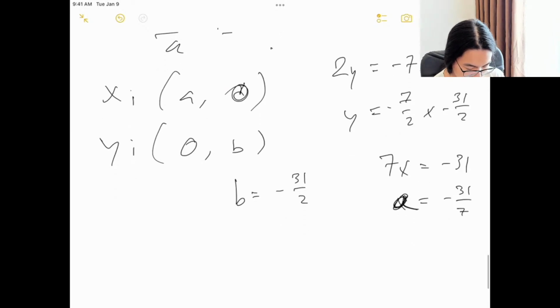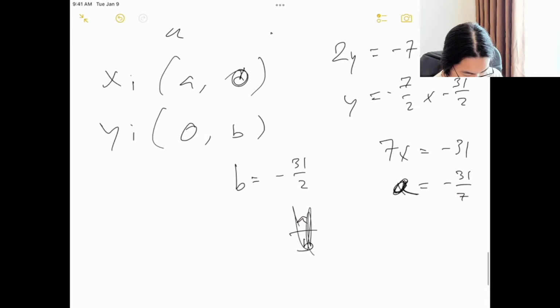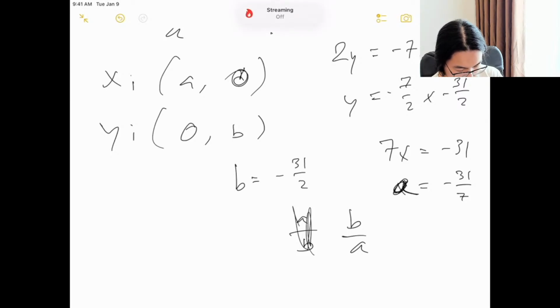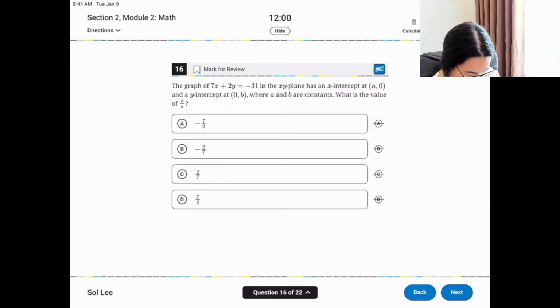So now we're looking for b over a. They both have the same numerator, and b is the one with the 2, so that's 7 over 2.